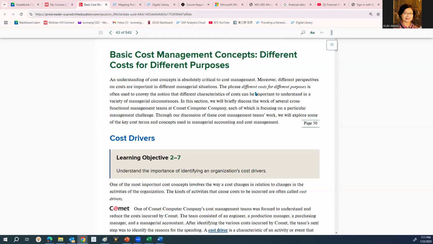They use the Comet computer company as an example to introduce the cost behavior analysis and then cost management economic cost concepts. They even have a healthcare example to talk about the traditional way we understand healthcare operations; the cost categories are kind of misleading.